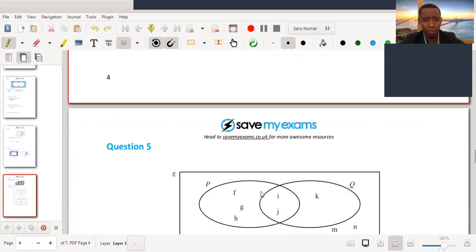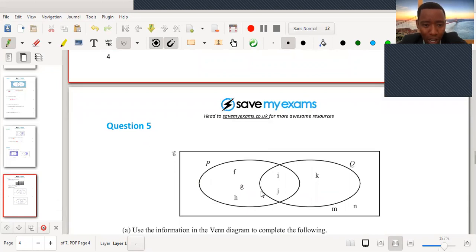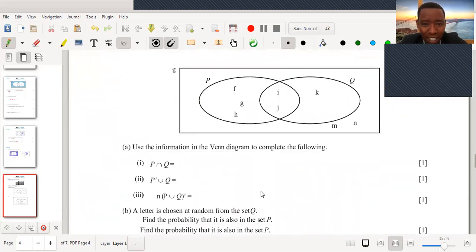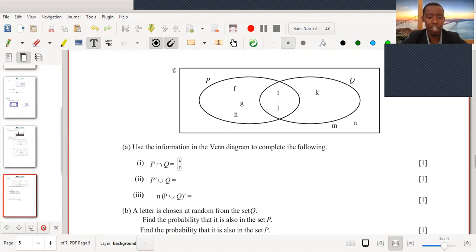Next question, number 5. Question number 5 says, let's think carefully. Use the information in the Venn diagram to complete the following. P intersection Q is equal to what? Which elements? So we can put the elements there. Let me also use a blue pen here.